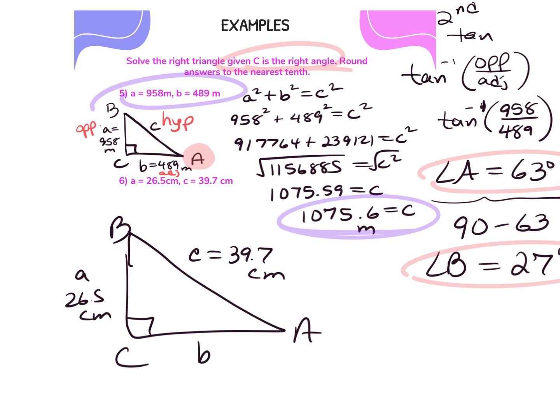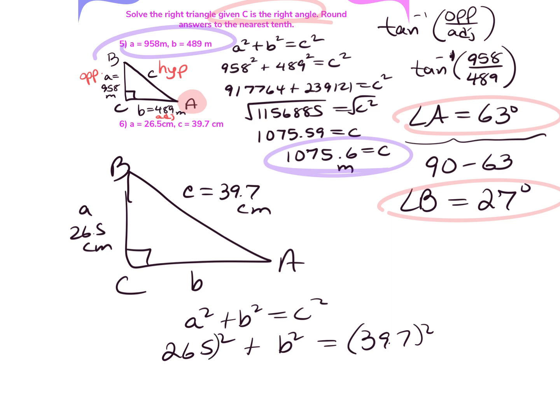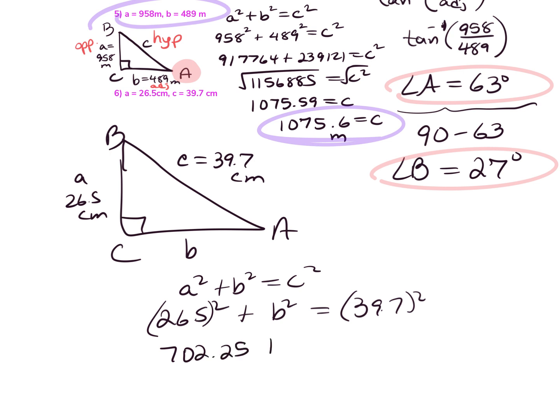So again, to find the missing side, when you know two of them, you do Pythagorean theorem. So again, a squared plus b squared equals c squared. So 26.5 squared, I don't know b, and then 39.7 squared. So I'm going to square these. This gives me 702.25 plus b squared equals 1,576.09.